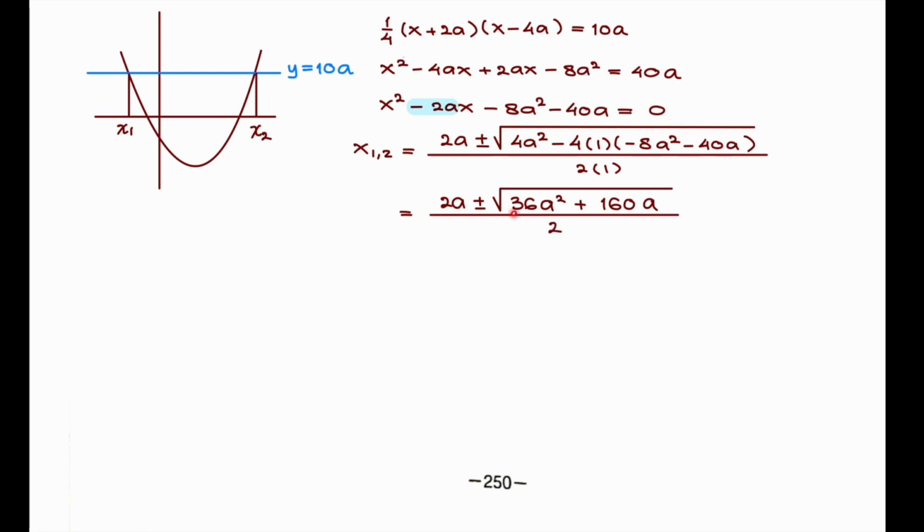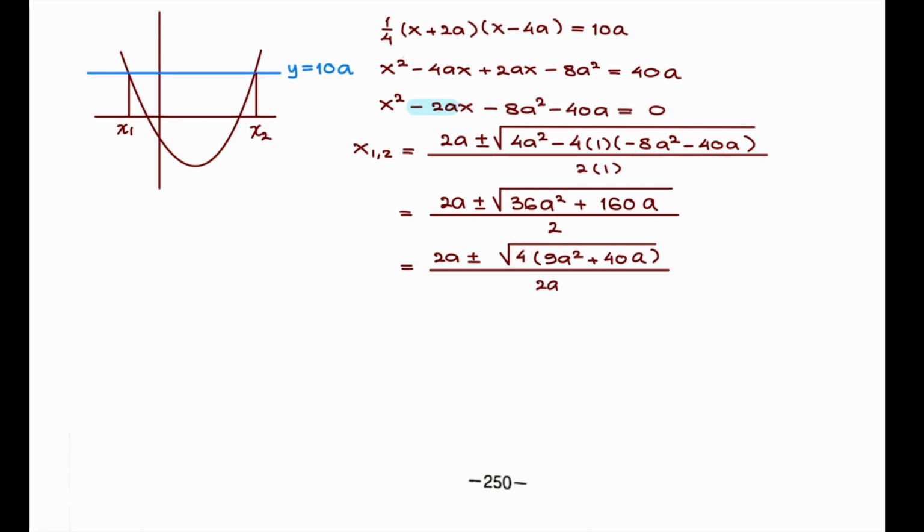I think we can factorize 4 from this expression. If I factorize 4, then I will get 2a plus minus square root 4 times 9a squared plus 40a over 2. The square root of 4 is equal to 2, yeah?